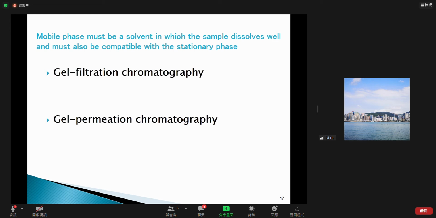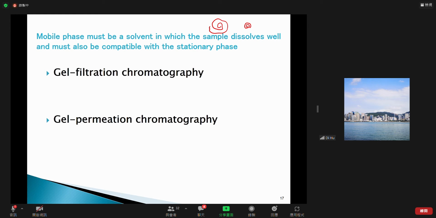Okay, very good. Based on that, we talked about the stationary phase, we talked about the mobile phase, and now we just summarize. The mobile phase must be a solvent in which the sample dissolves well, completely. It needs to be in a relaxed form, because many of the polymers in solvent have a shape like a random coil. If the solvent is poor, the coil will shrink, and if it is good, it will be in a more relaxed form.